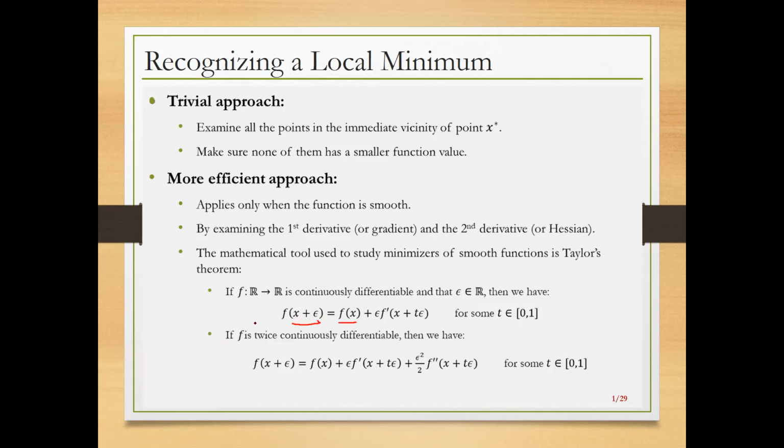So if you have a function whose first derivative exists and is continuous, you can use the Taylor series to check whether, for the point x to be, for example, a local minima, the function value at every x plus epsilon should be greater than the value of f of x. So this side should be greater than that.